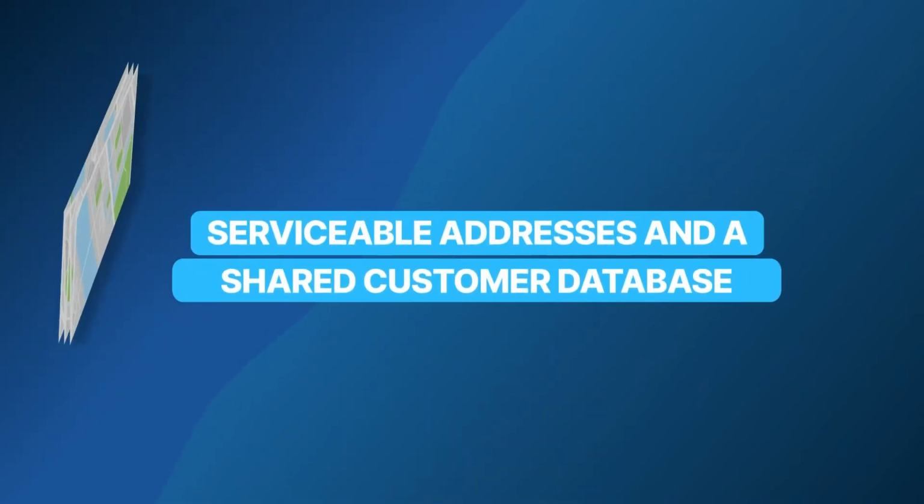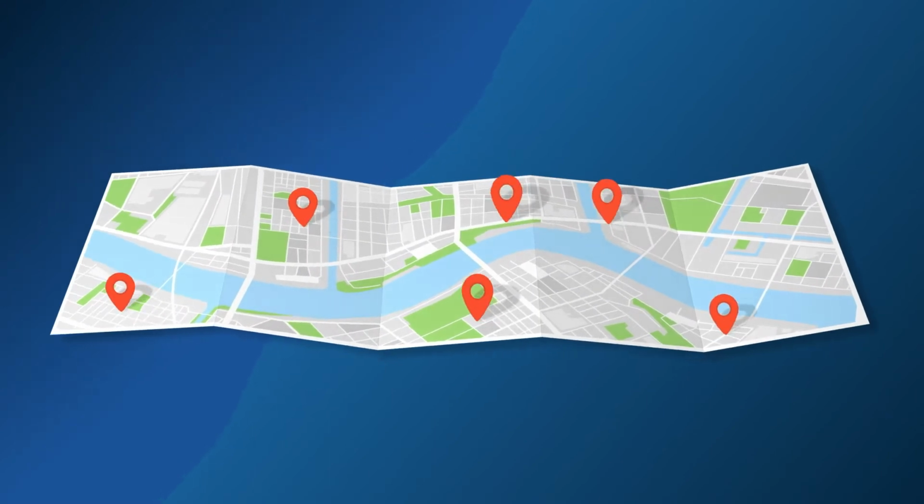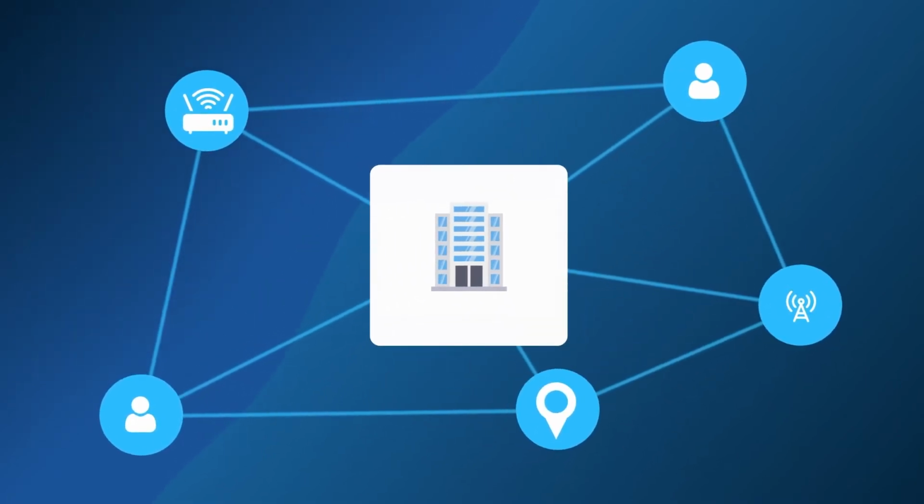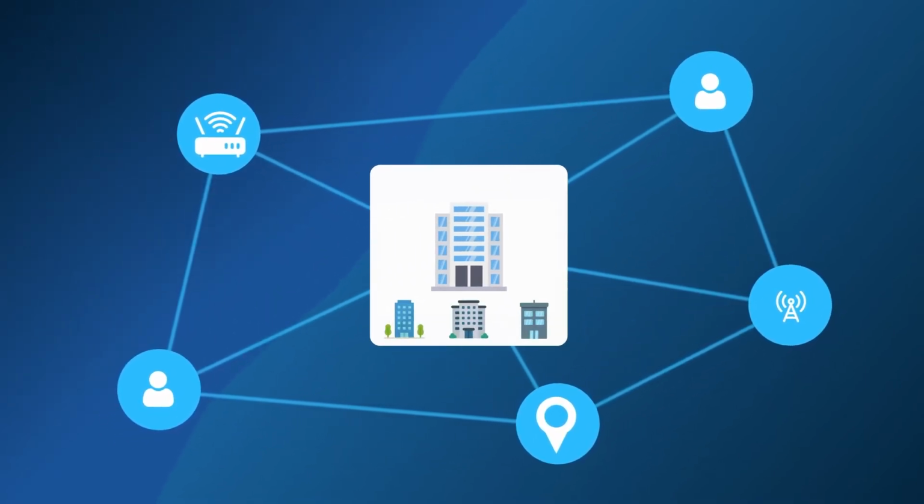Tracking customer accounts and serviceable addresses allows you to more easily know where your various organizations can deliver service, what services can be delivered, and which market segment is currently underserved. With Sonar, all that information is tracked within your instance across all companies you've added.